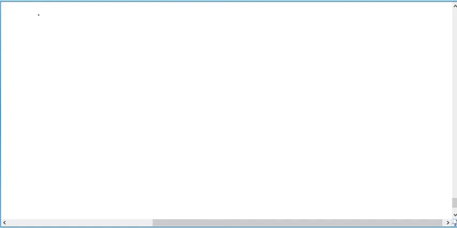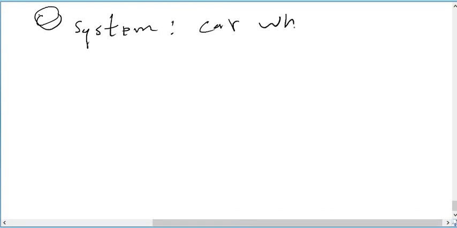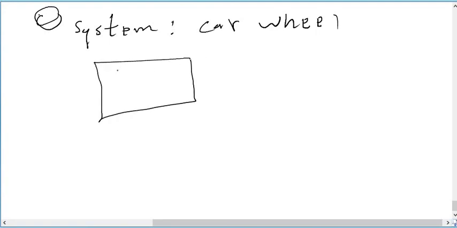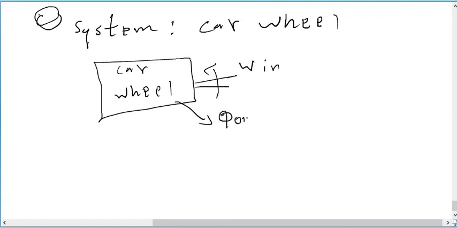Then C. Now the system is the car wheel. So if the car wheel is our system, there is work in, the work is coming in, and there will be heat out.